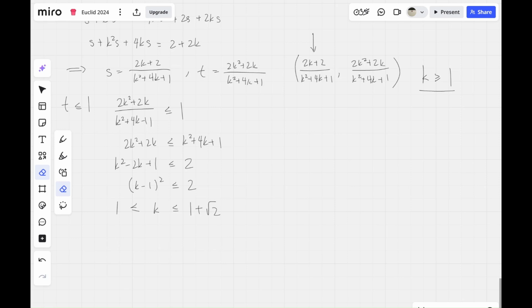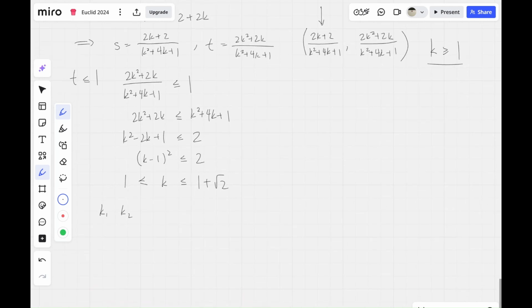So what we can do is suppose that there are two different values of k, say k1 and k2, such that the s values are equal.